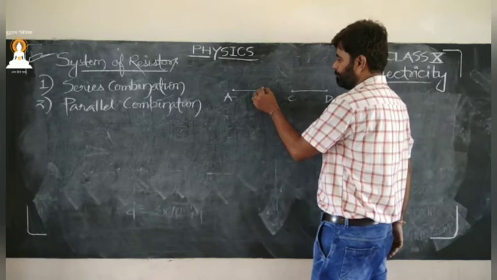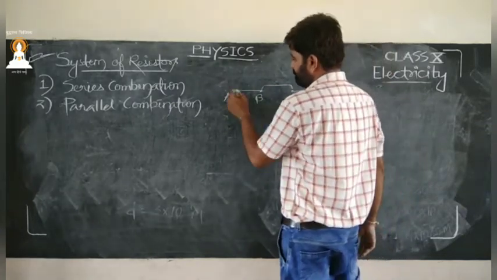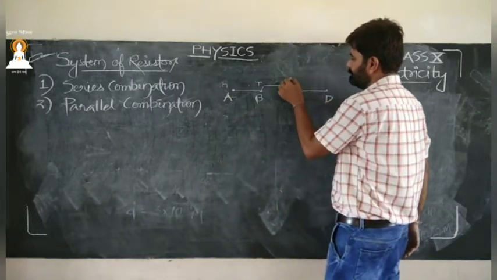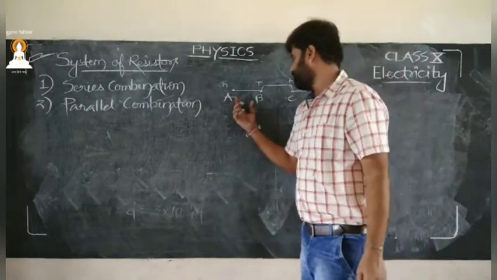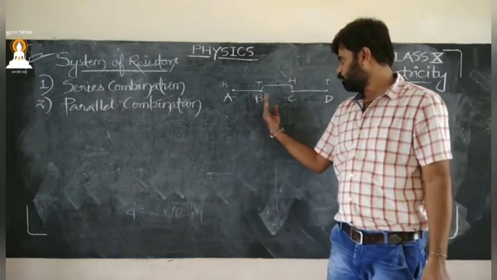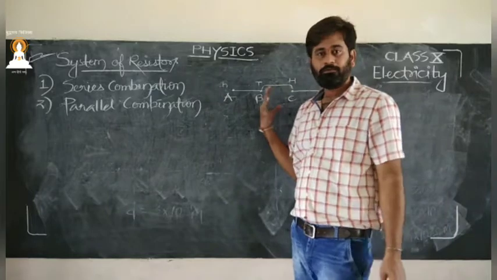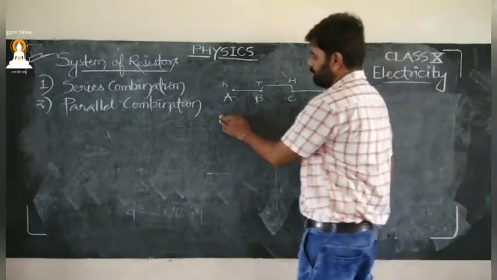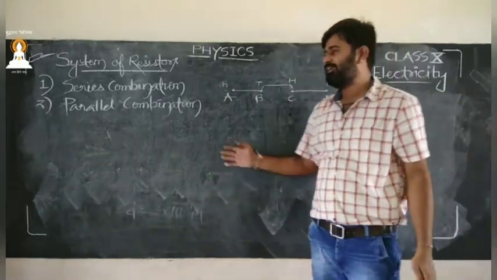If I connect B with C, then for AB, this is head and this is tail, and for CD, this is head and this is tail. When the tail of one is connected to the head of another, that connection will be series connection.